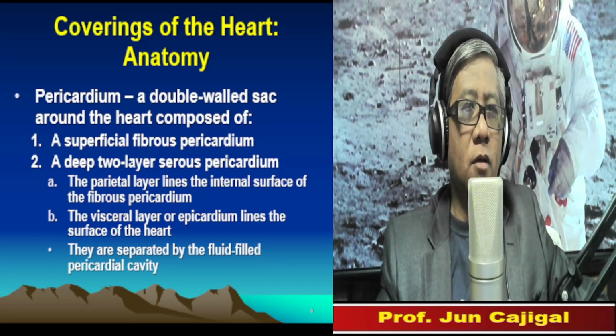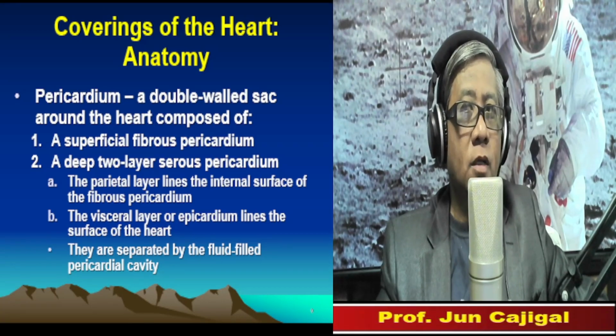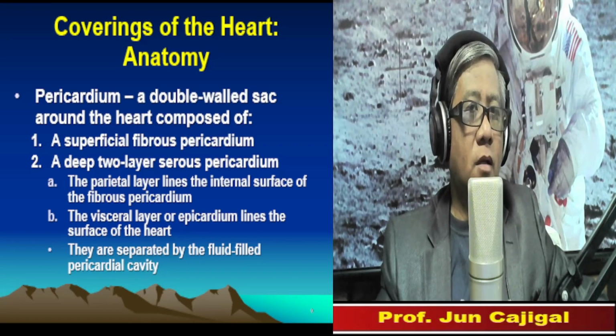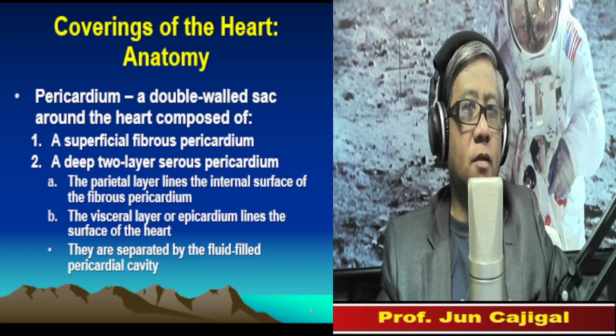We have the parietal layer that lines the internal surface of the fibrous pericardium, and the visceral layer or the epicardium that lines the surface of the heart. Later, I'll show you an illustration so that we can locate the superficial fibrous pericardium and the serous pericardium with the parietal layer and the epicardium. And the parietal layer and the epicardium, they are separated by a fluid-filled pericardial cavity.